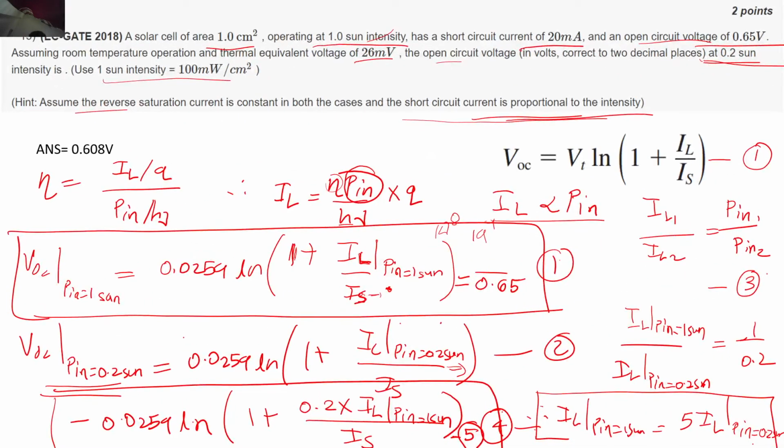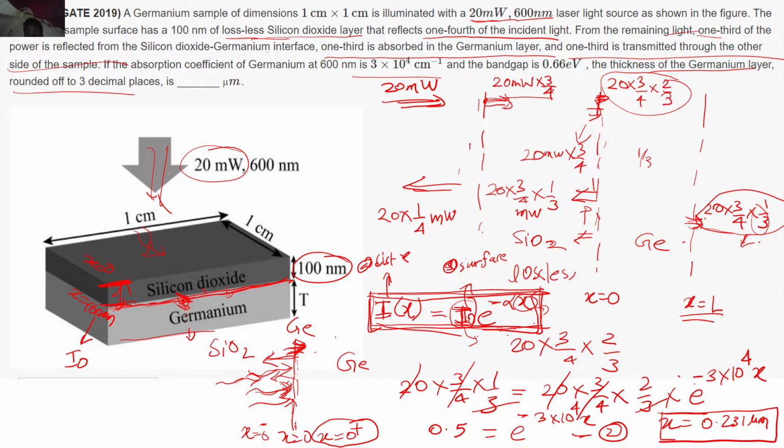Why? Because the silicon dioxide is a lossless material. Now this same power will be reaching the interface. This interface is causing an issue because there is one more reflection happening at the interface.